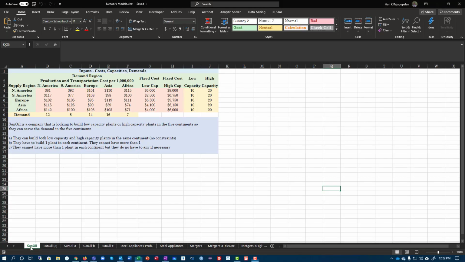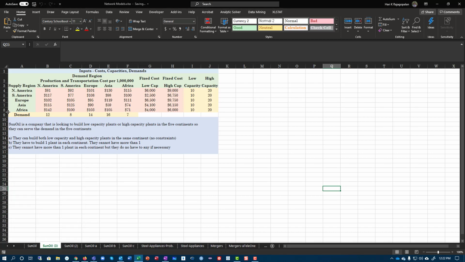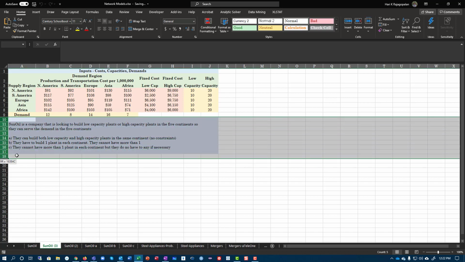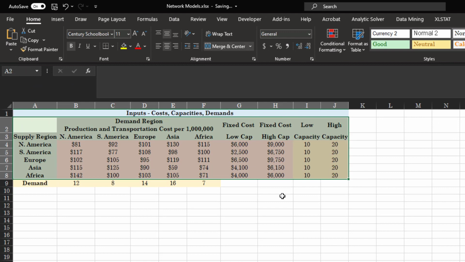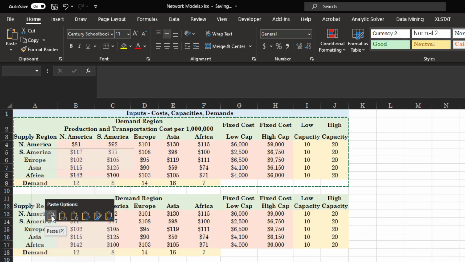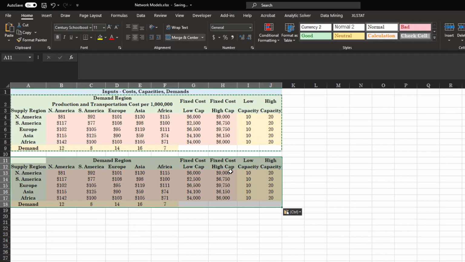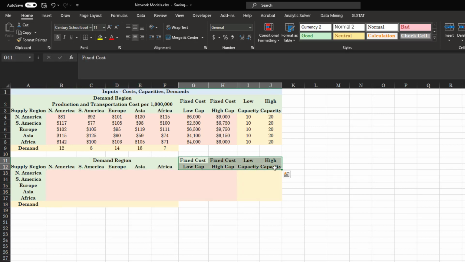We have the model here, and our first step would be to copy this. Let's create a copy. We can delete all these questions right now. And we are going to copy this so we can set up a model. This is pretty much a transportation model with fixed costs, but we have a high capacity and a low capacity here. So the first thing you're going to do is delete the center. You have to rename these things.